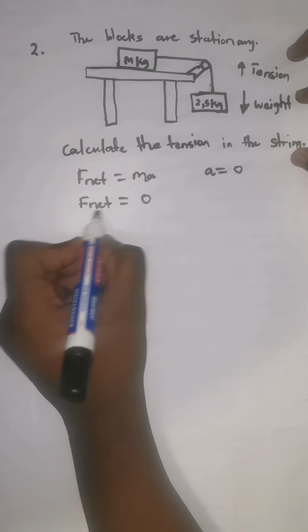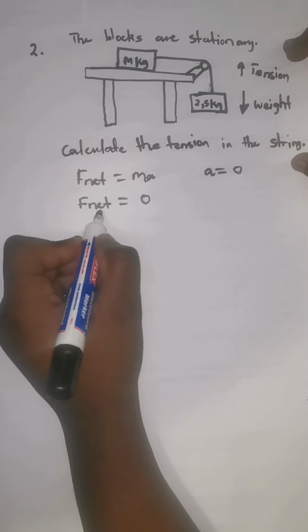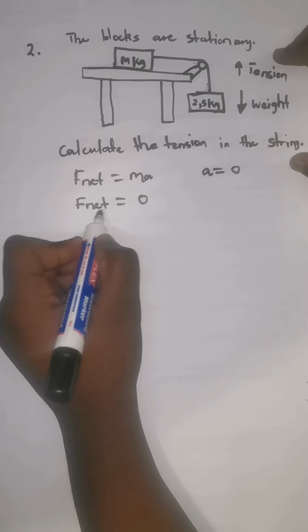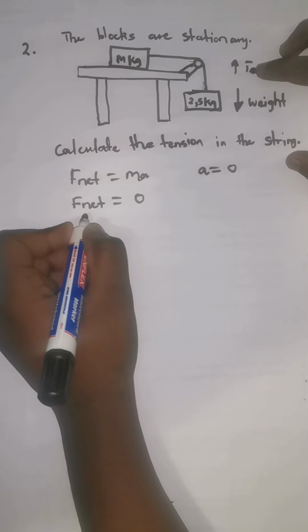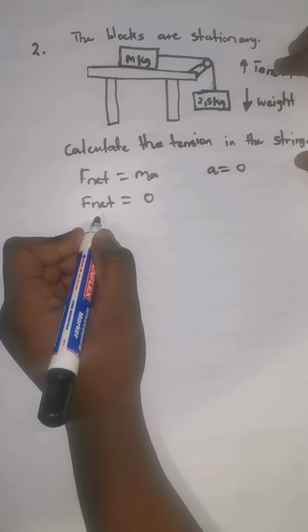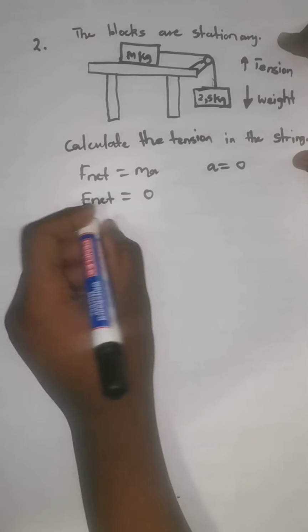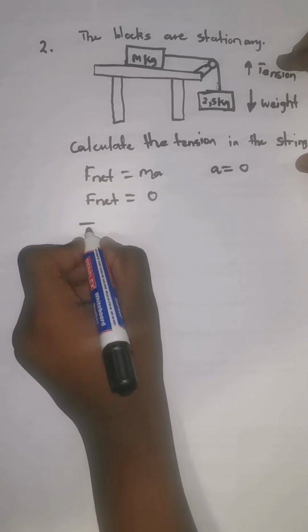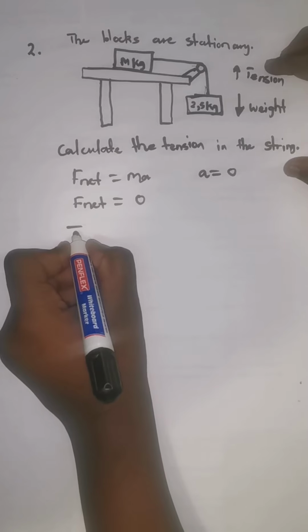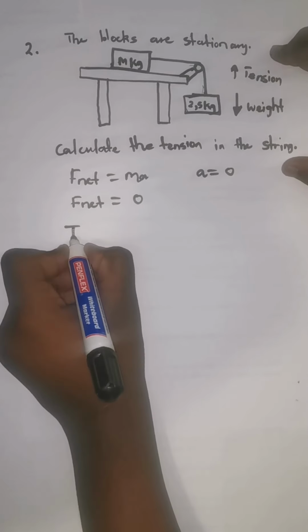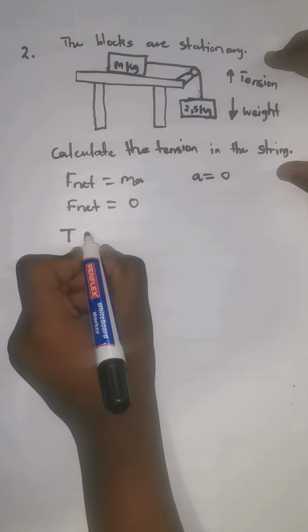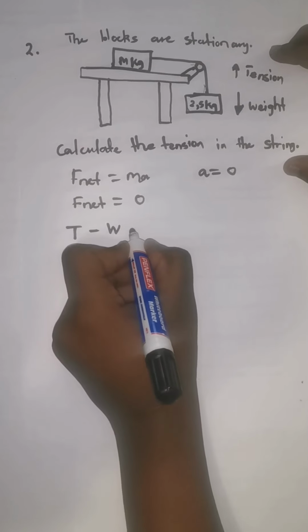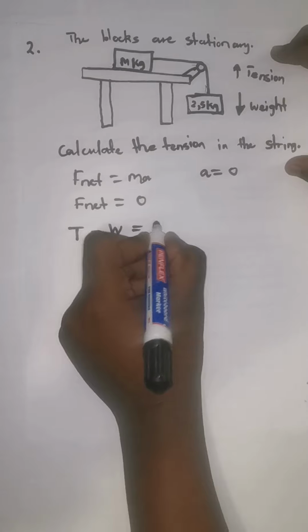So remember, F net is the sum of forces, right? Whereby we also consider the directions, right? Since the two forces right here oppose each other, we can subtract them to get our F net. So call tension T, and then minus W for weight is equal to 0.